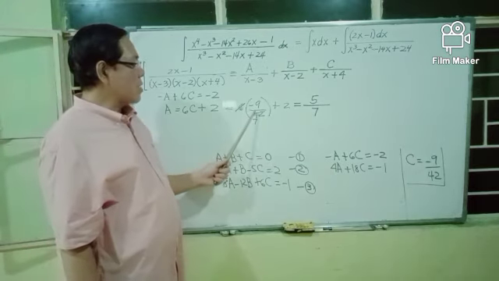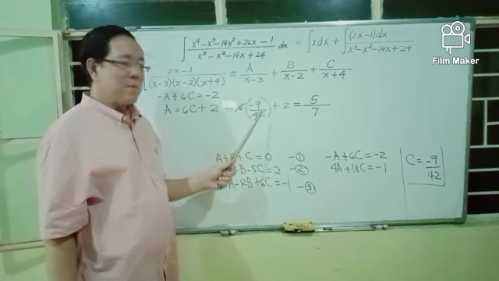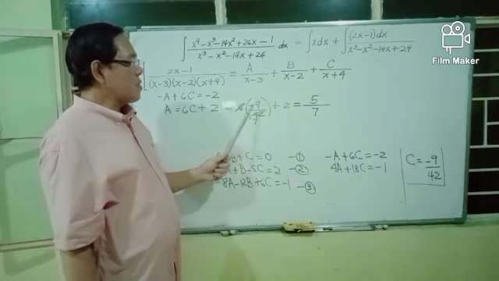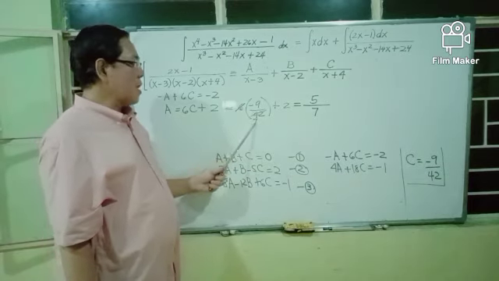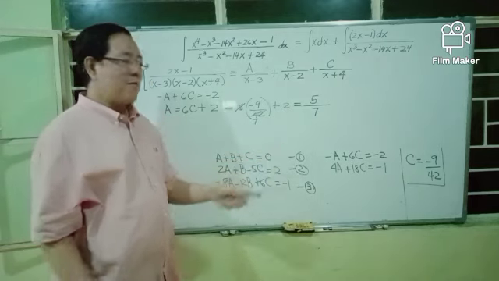And 14 minus 9 is positive 5. Common denominator is 7. Thus, the value of a is 5 over 7.